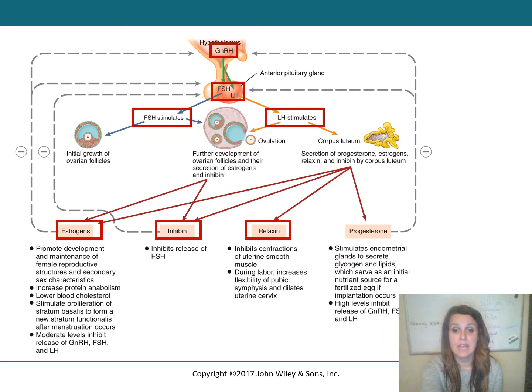We have relaxin, and that's actually going to lead to inhibition of contractions of smooth muscle. And then we have progesterone. And progesterone stimulates the endometrial glands to secrete glycogen and lipids, which are important in helping nourish the fertilized egg. High levels of this hormone are actually going to inhibit release of GnRH, FSH, and LH.